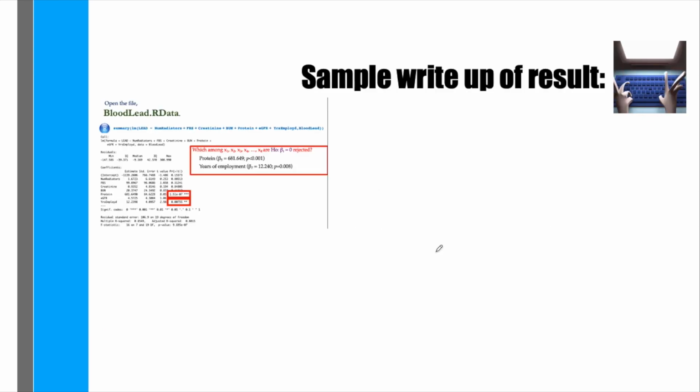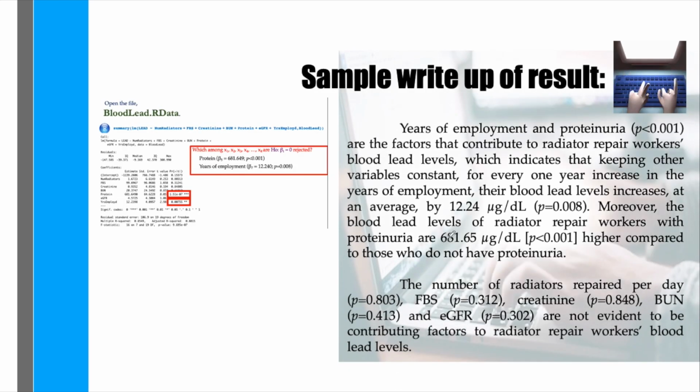So to write the results, years of employment and proteinuria are the factors that contribute to the radiator repair workers' blood lead levels, which indicates that keeping other variables constant, 1 year increase in the employment, their blood lead levels increase at an estimate or average of 12.4, which is from this result. And the p-value here is the one represented by this.